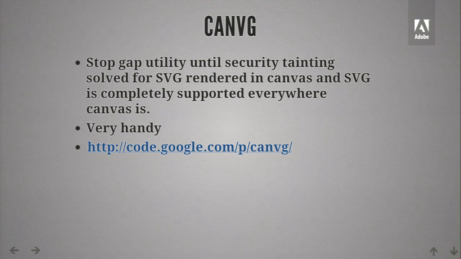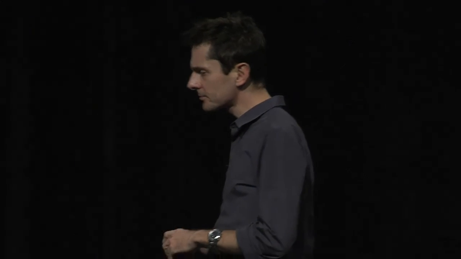Then finally, you have utilities such as CanVG, which I think is interesting. There are some limitations on some platforms. For example, some browsers have Canvas support, but they don't have SVG support. So that could be one reason where you would like a library that can take SVG and render it into a canvas. Another reason people use CanVG is if you need to get the rendering of your SVG as a bitmap image.